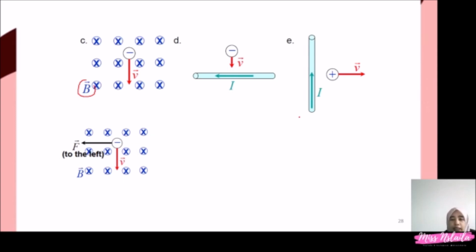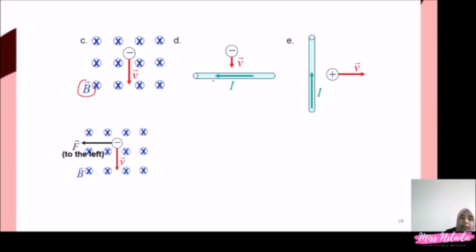Next, for question D, we have a conducting wire or a wire that has current in it, and then this negative charge or electron that moves downward. So where is the direction of magnetic field? Okay, so as we know that when there is a current, there will be magnetic field around it.